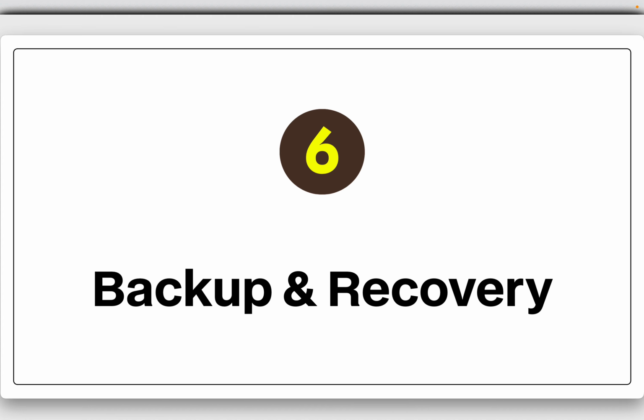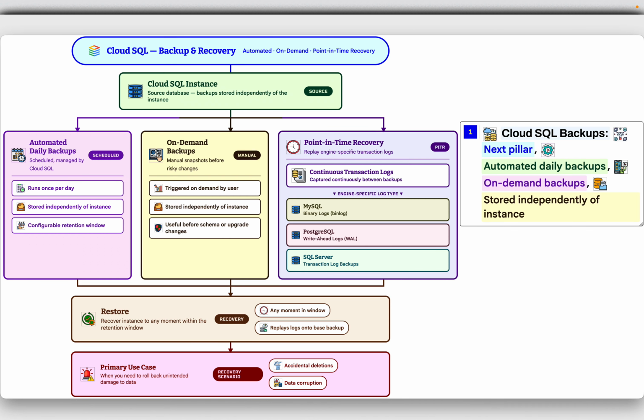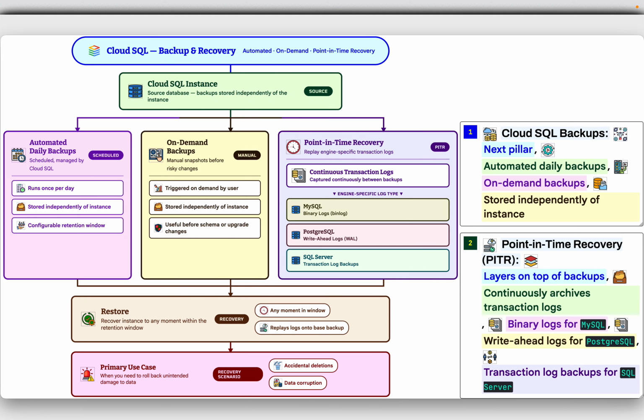Sixth topic is backup and recovery. Backups are the next pillar. Cloud SQL offers automated daily backups and on-demand backups, both stored independently of the instance. Point-in-time recovery layers on top of backups by continuously archiving transaction logs, which are binary logs for MySQL, write ahead logs for PostgreSQL, and transaction log backups for SQL Server.